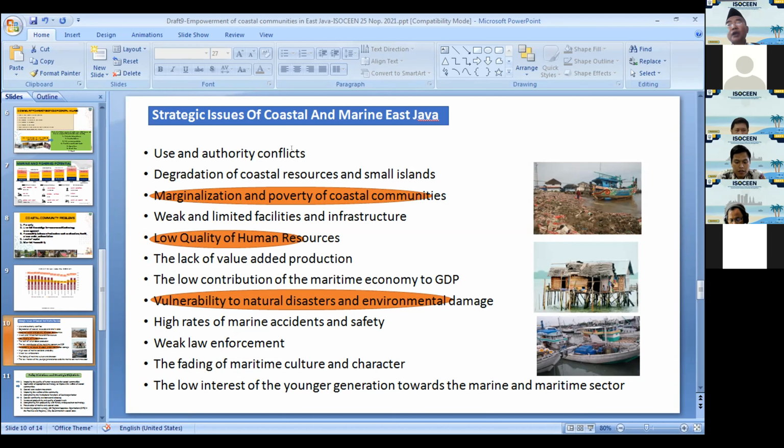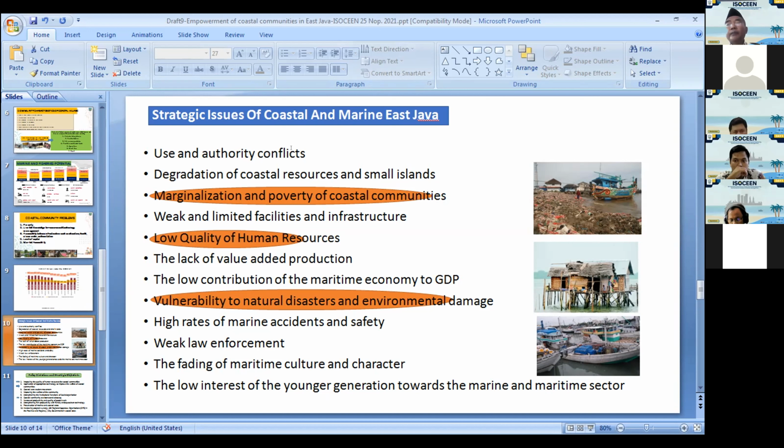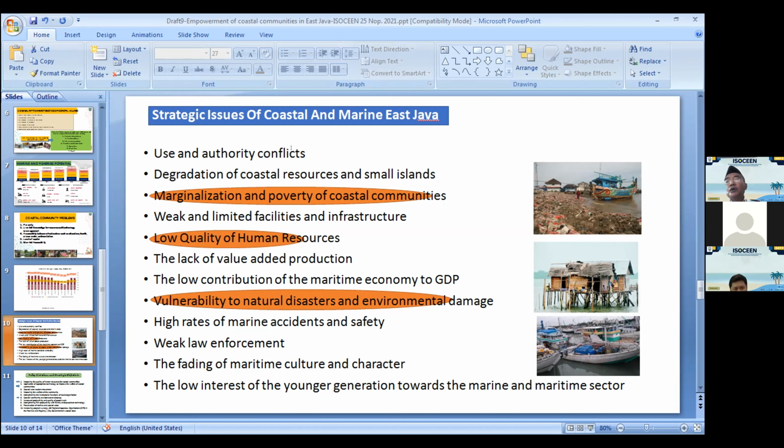We have methods for making solutions when we find conflict, normally between people. For example, fishermen from one area go to the area of their neighbor, and that neighbor cannot easily accept it, but that is normal.